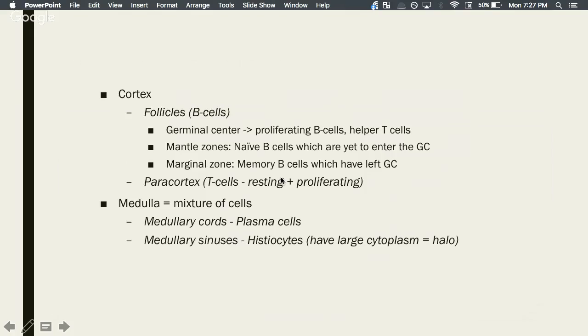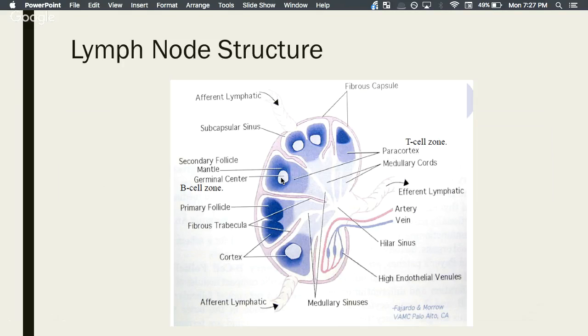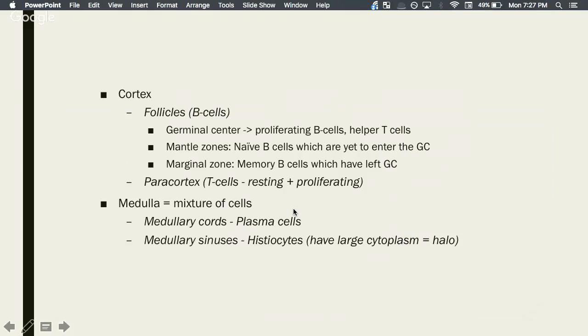Now your paracortex is where your T cells are, proliferating, resting, chilling. So your B cells progress this way, and your T cells chill there. And then in your medulla, you have your plasma cells and histiocytes.